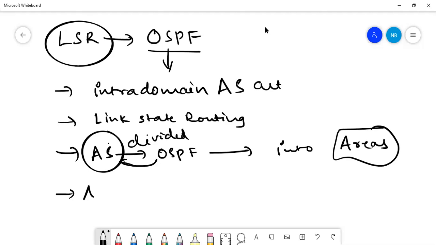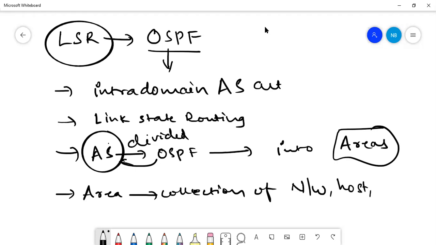So an area is a collection of networks, hosts, routers, and so on, which are contained within the autonomous system only.